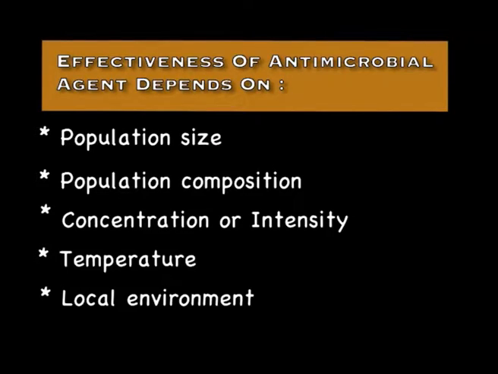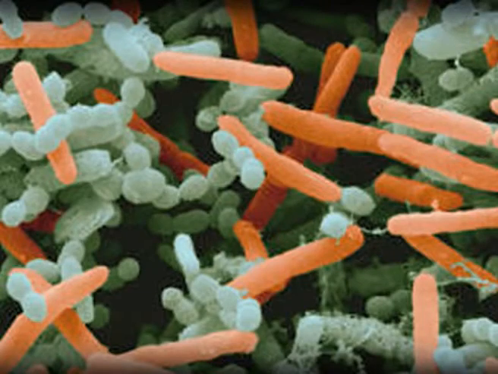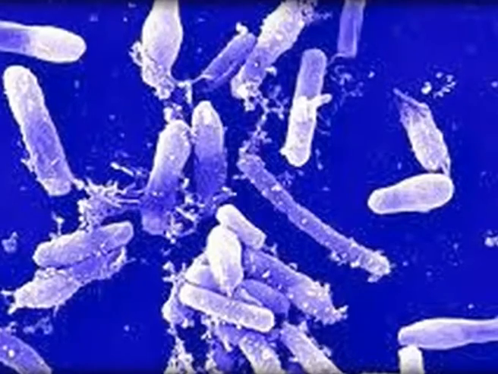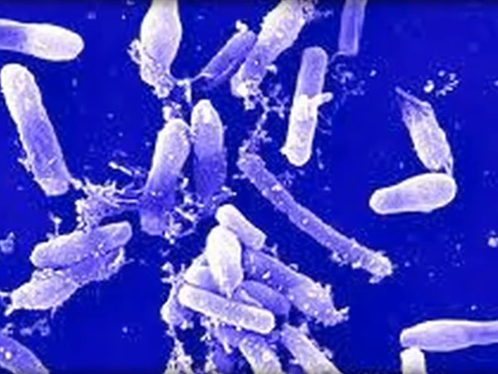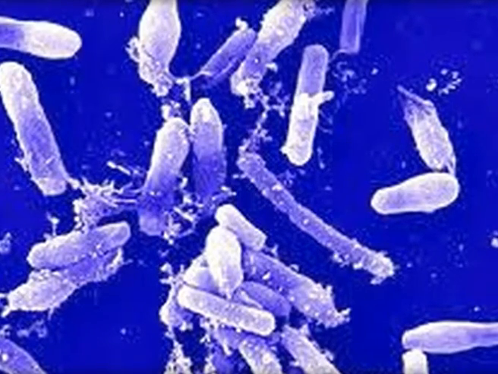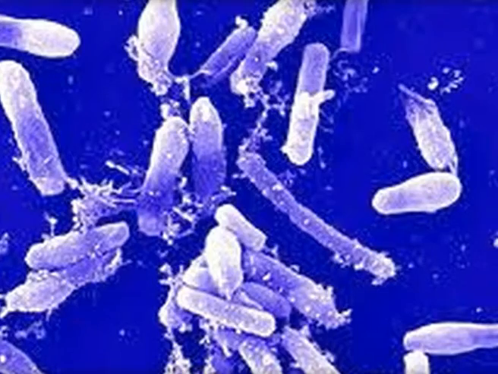Say, for example, you want to kill a microbe residing in an environment that is favorable for its existence. Then you might need some excess harsh methods to combat that pathogen. Or in other words, if the pathogen is residing in an unfavorable condition, then the antimicrobial agent needed to combat it will be milder.